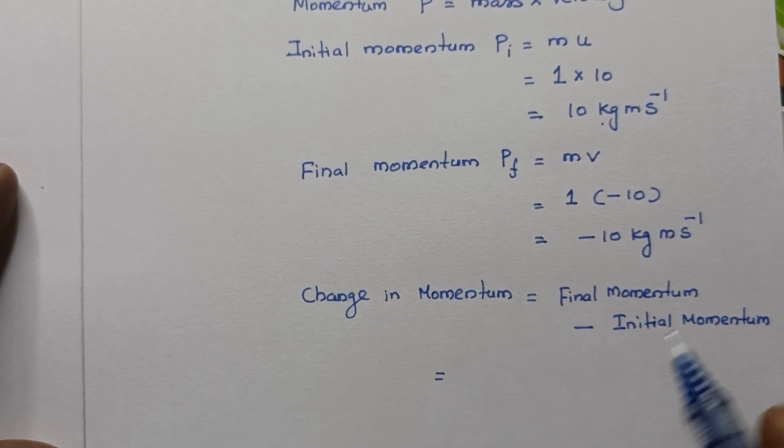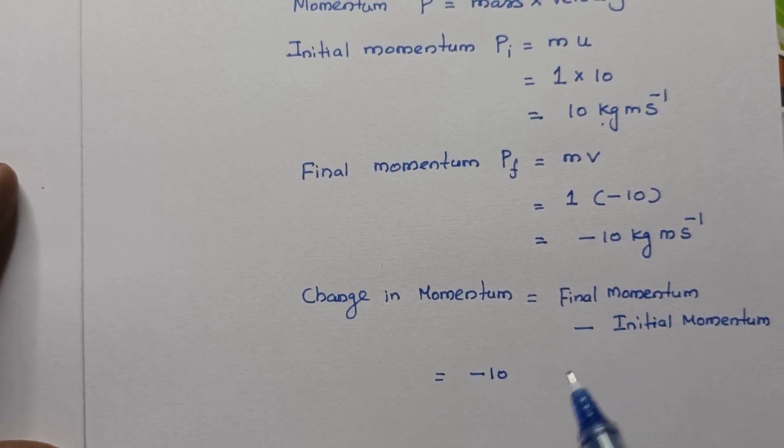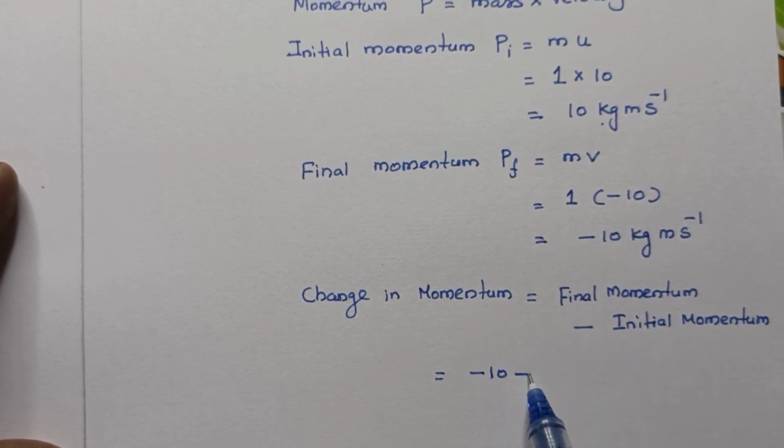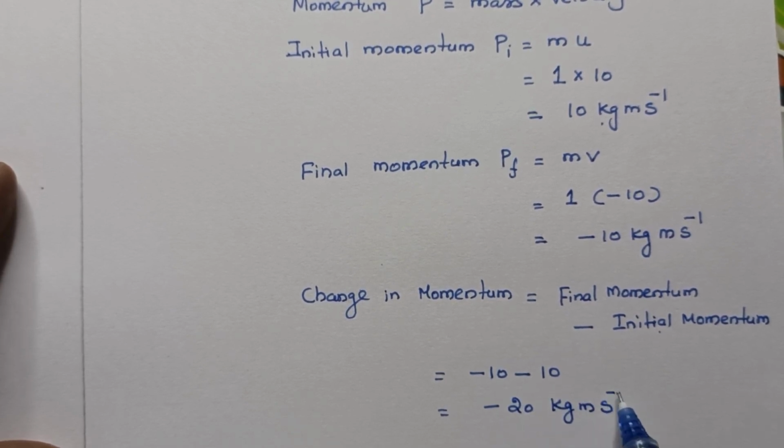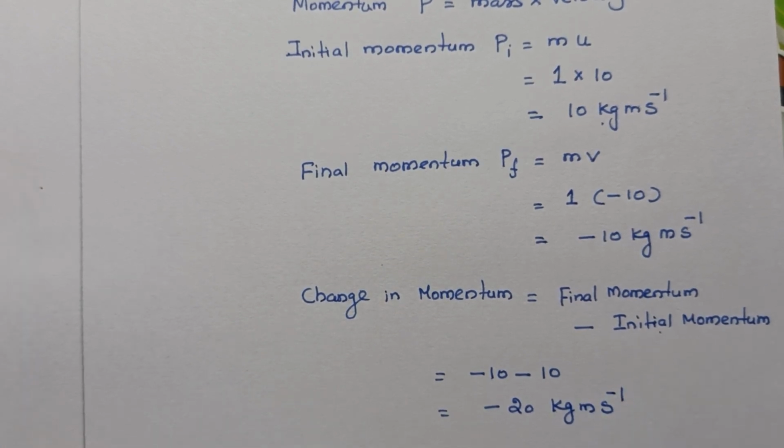Final momentum is minus 10. Initial momentum is 10. So minus 10 minus 10 is equal to minus 20, and the unit of momentum is kilogram meter per second. So this is the answer for question number 2.